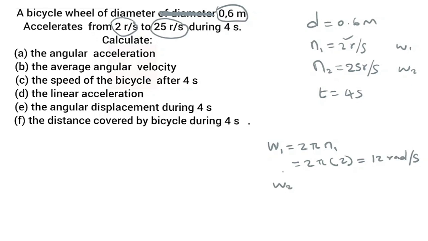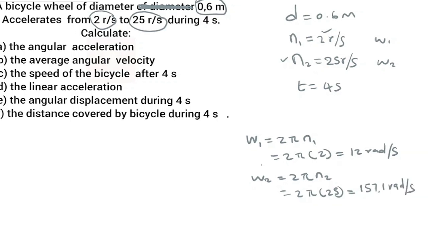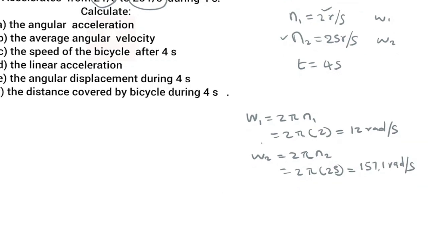Then angular velocity 2 is 2 pi n2. You put that 25 instead of n2, then you get 157.1 radians per second. That is our angular velocity 1 and angular velocity 2.